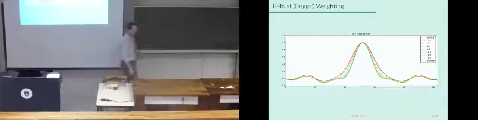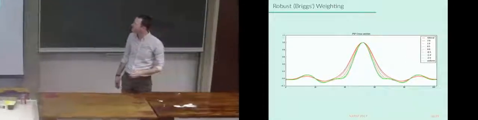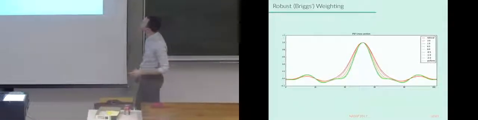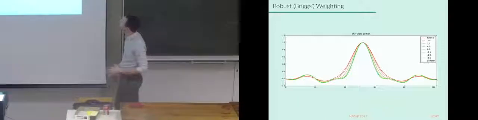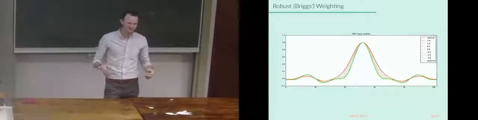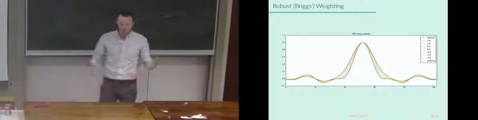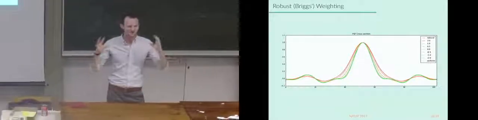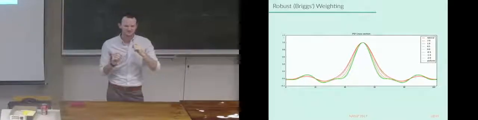And so it's actually quite typical to use robust weighting. A typical value people go for is like -1, usually. You tend to prefer uniform because most of the time when you make an image of the sky, and again this depends on the science you're doing, there's going to be a bunch of point sources almost all the time.